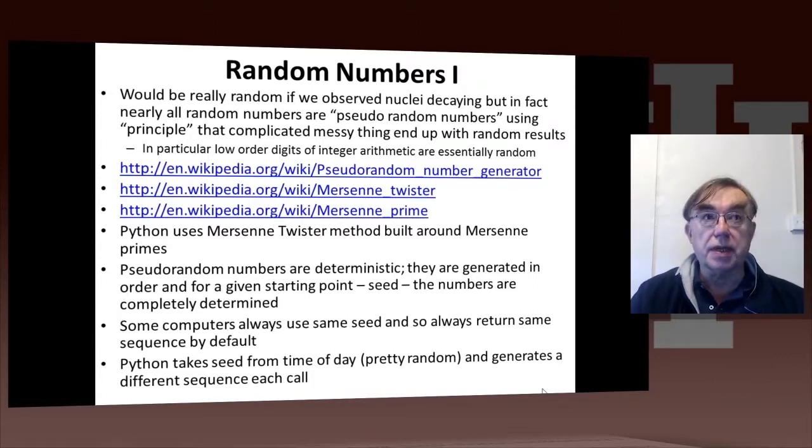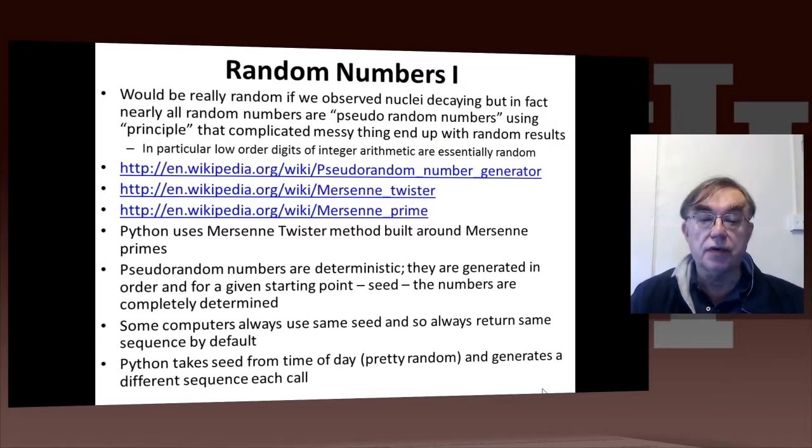However, Python takes actually a more sensible assumption. It actually takes the seed from the time of day. That's actually a reasonably normal thing to do. I used to do that, whenever it was 40 years ago, when I started writing codes that use random numbers. And it's also pretty random.